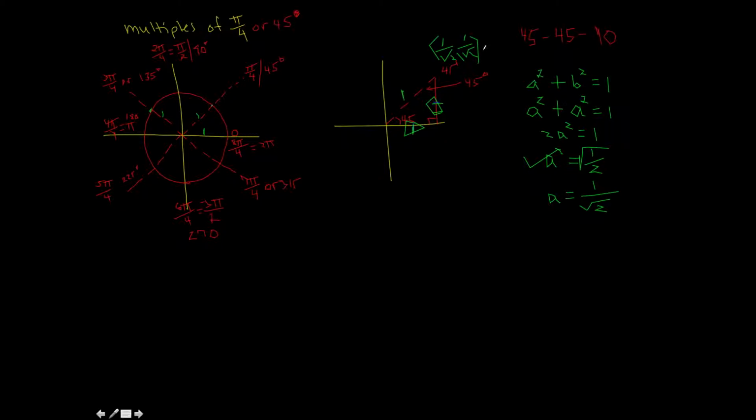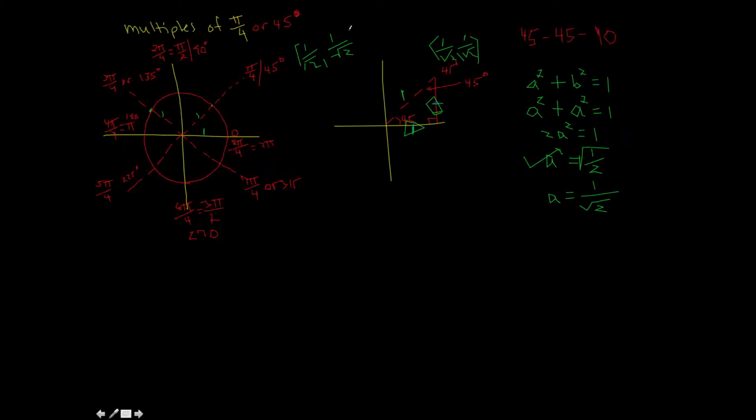So we know for a fact that this point is 1 over the square root of 2, and this point is 1 over the square root of 2.